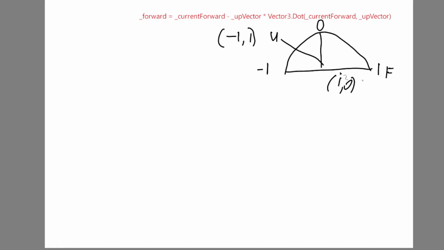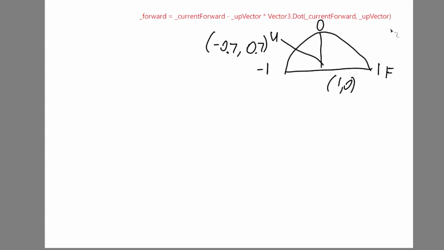Now this one's already normalized. We need to normalize this vector, which means that it actually becomes -0.7 and 0.7. These are only the approximate values.